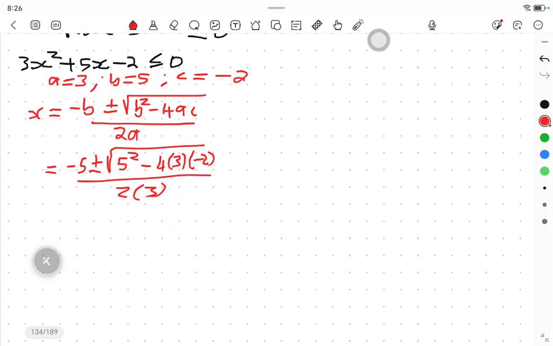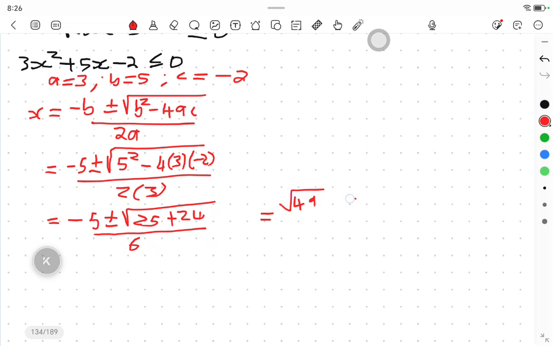Then this is minus 5 plus or minus the root of 25. Then 12 times 2 is negative 24, so that is positive 24, all over 6, right? We know that these two are going to give us 49, and the root of 49 should give us 7 if I'm not mistaken.